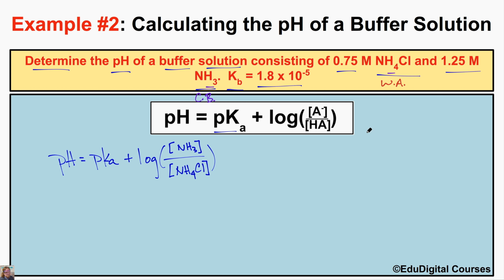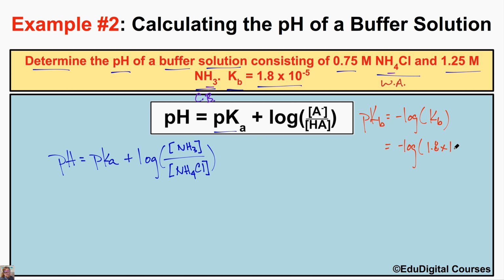So how can we find the pKa when we're given the Kb value? Well, let's first find the pKb. To get our pKb, we simply take the negative log of our Kb value. So we'll take the negative log of 1.8 times 10 to the negative fifth.